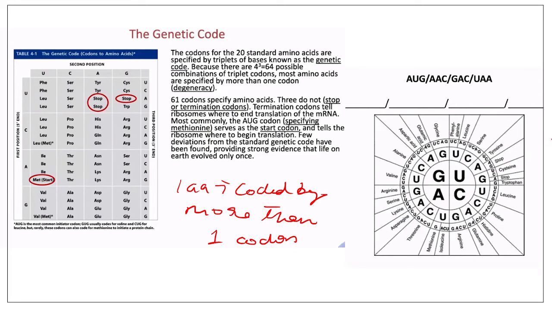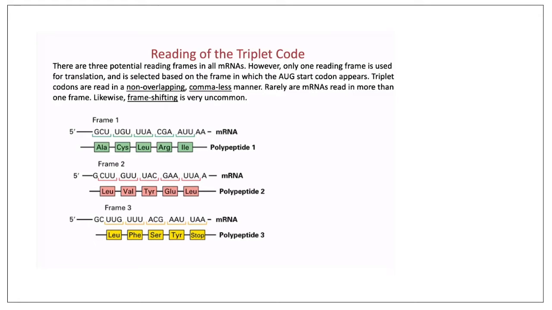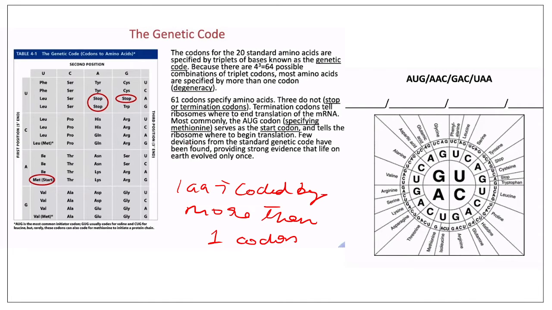So if I say alanine, alanine can be coded by four different kinds of codons. And the difference in the different kinds of codons is at the third position.